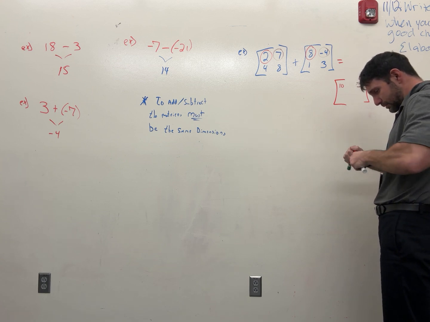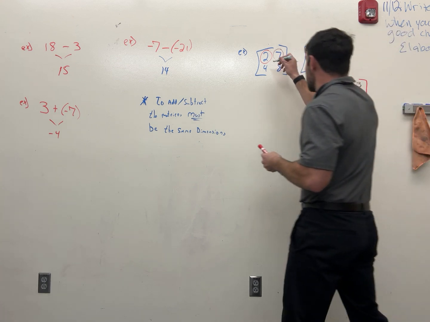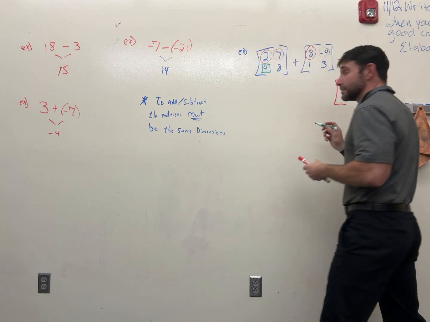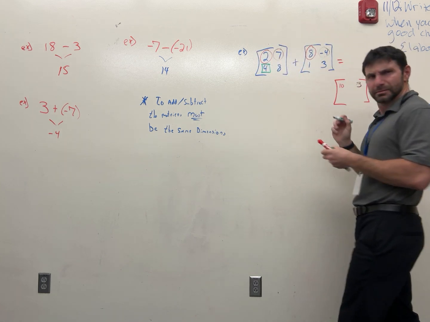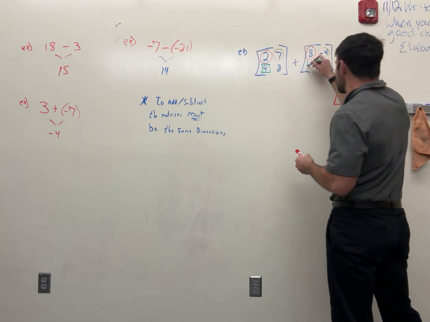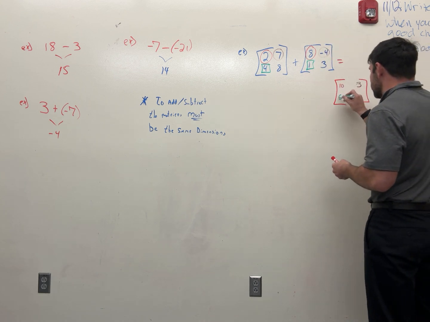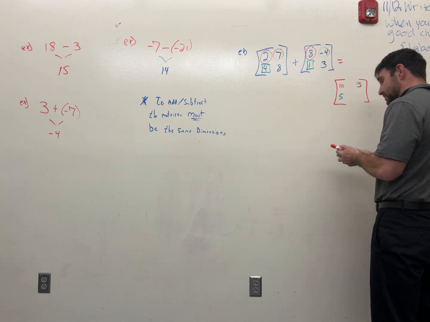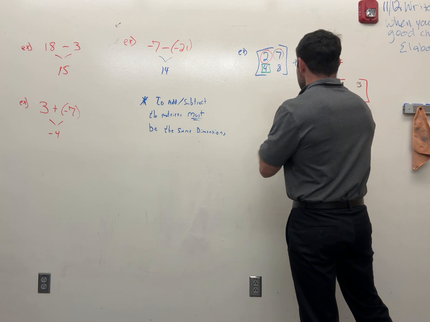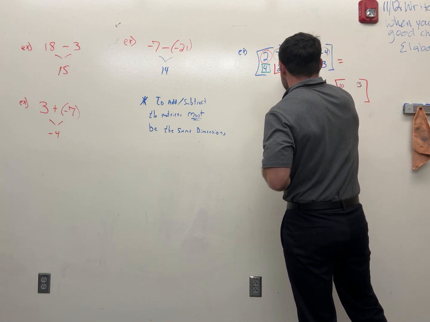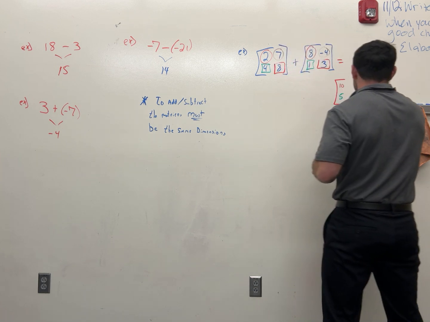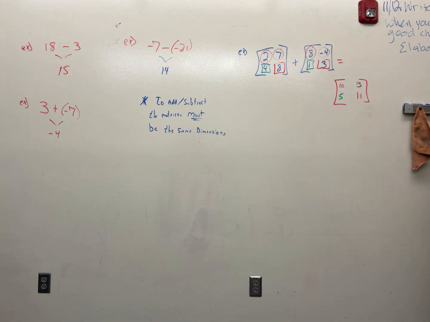Then 4 plus 1, which is 5. And last but not least, 8 plus 3. So remember when I said this was going to be really easy? You're just adding the things that are in the same place.